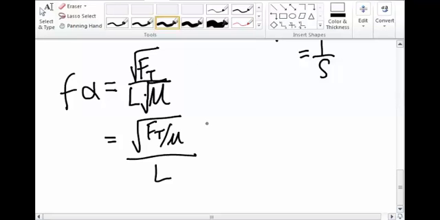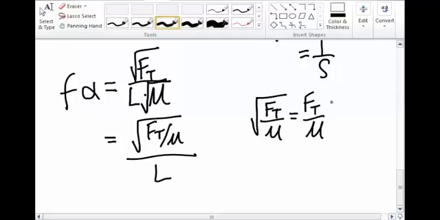Alright, so I want to look at the units of this part right here. That's the square root of the force of tension over this mass per unit length. So without the square root for a second, I have force of tension over mass per unit length. So what kind of units do I have? Newtons over a kilogram per meter. And what's a newton?